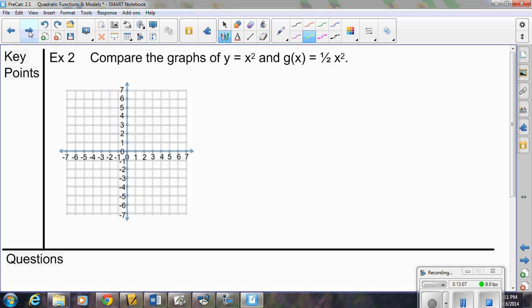Similar problem. y equals x squared, g of x equals half x squared. Well, let's start by redoing our parabola that we had. Here's our y equals x squared that we had before. Again, just doing a quick sketch. Oh man, that quick sketch kind of messed me up.